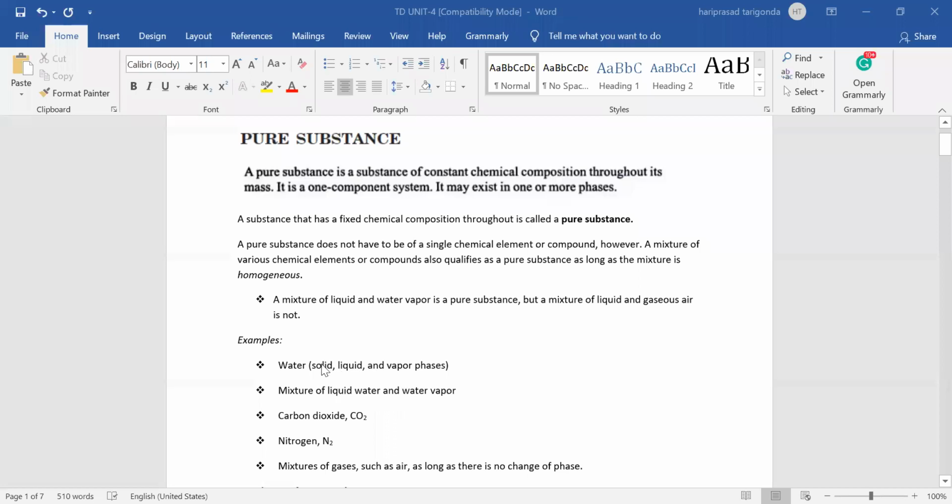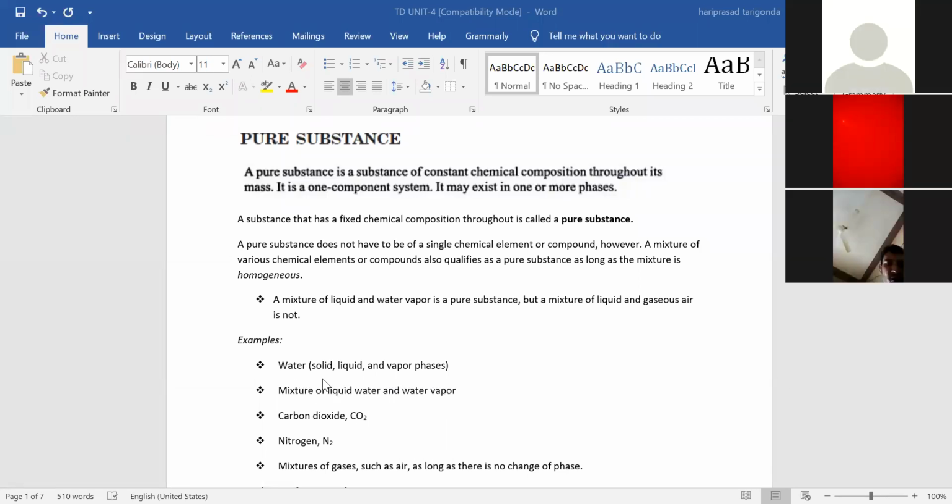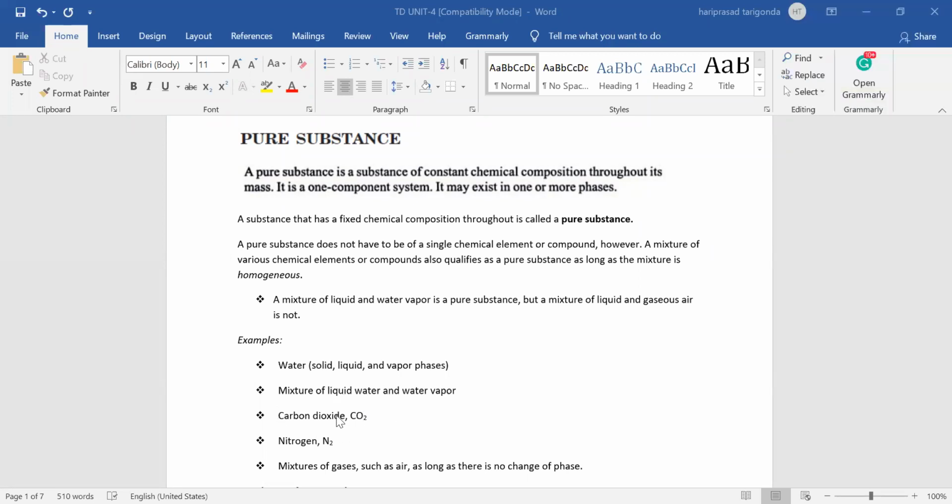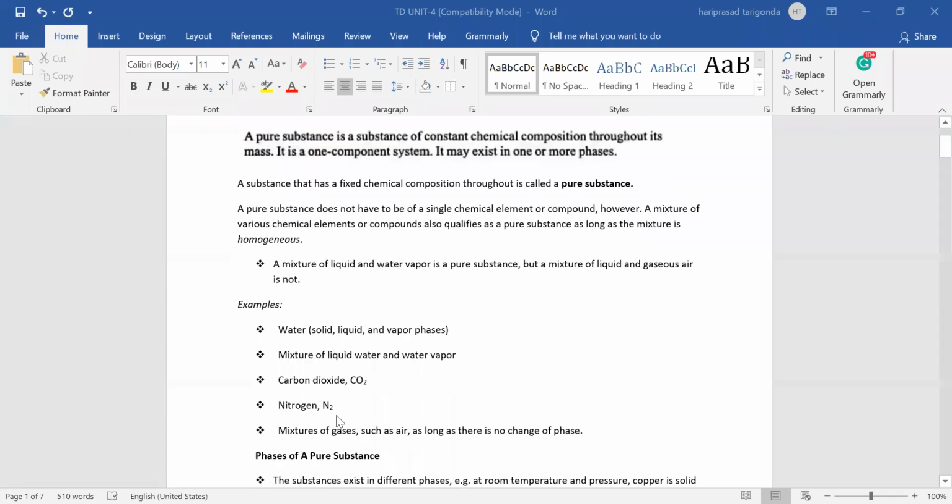It exists in different forms like solid, liquid, and vapor phase. Next is a mixture of liquid water and water vapor, which is also termed a pure substance. Next one is carbon dioxide. If you take only carbon dioxide, the composition of the carbon dioxide is uniform throughout. Nitrogen is also called a pure substance.